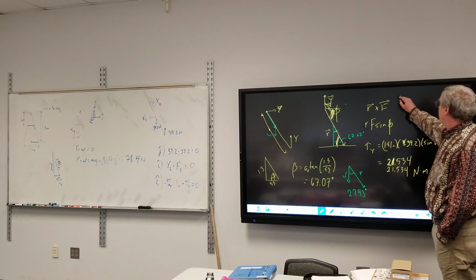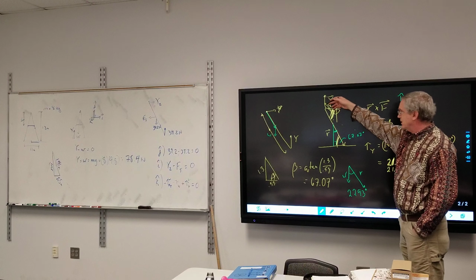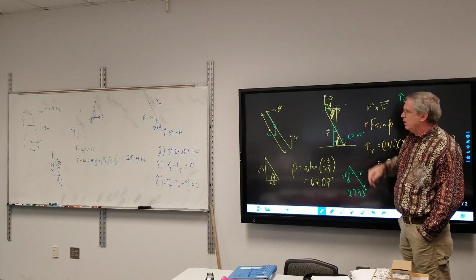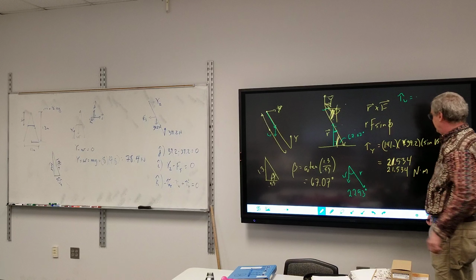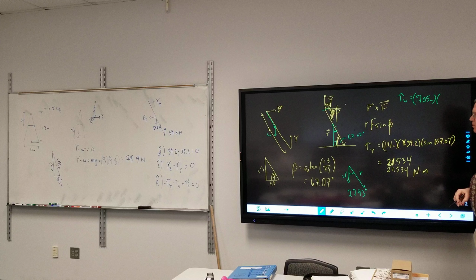So the torque from the weight would be the length of R from here to here, which is just half the total length. So that would be 0.705 meters, times the force of that half, so 39.2 newtons, times the sine of 22.93 degrees.